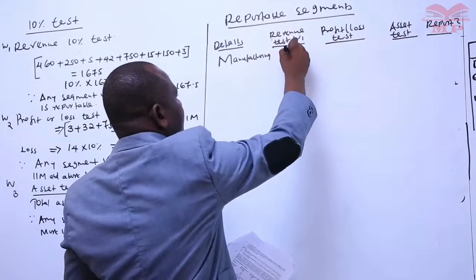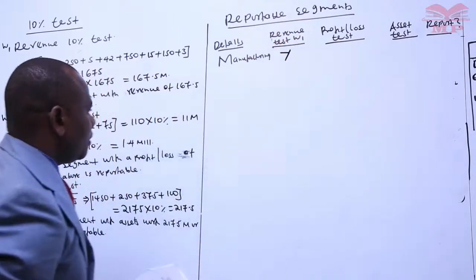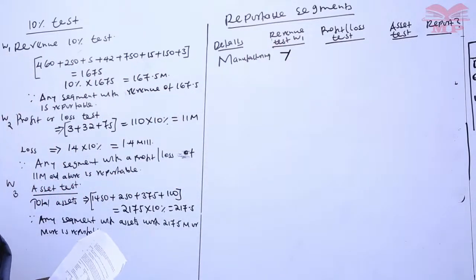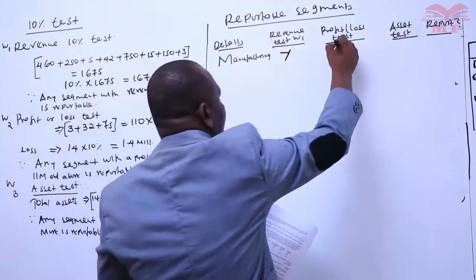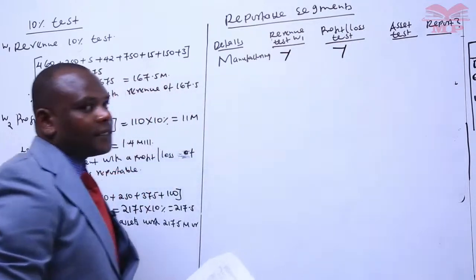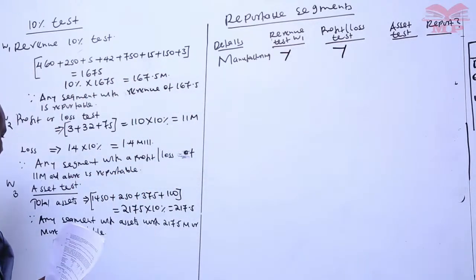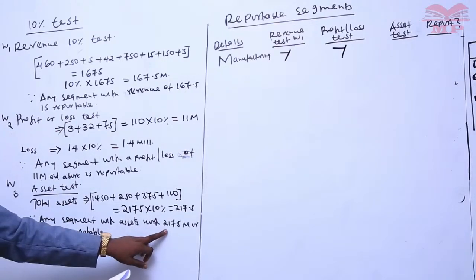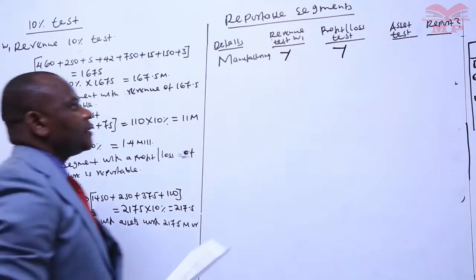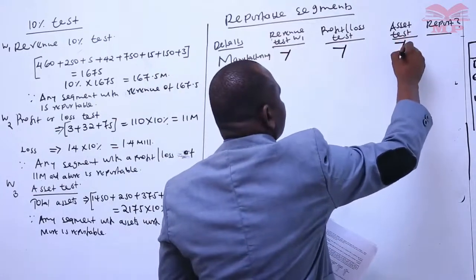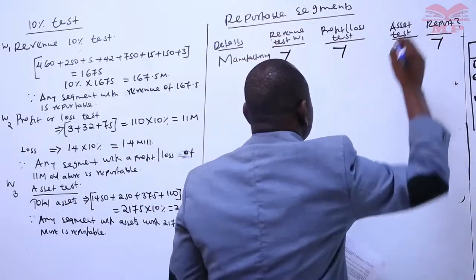So you say yes. Then profit or loss is 32. Yes. Asset test, 217.5. Yes. Is it reportable? Yes.